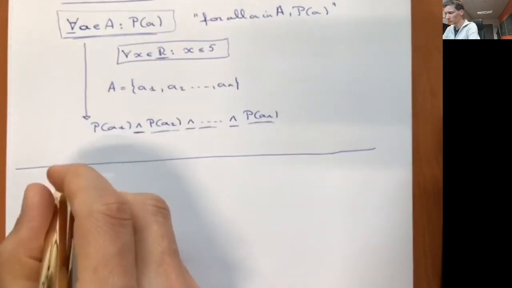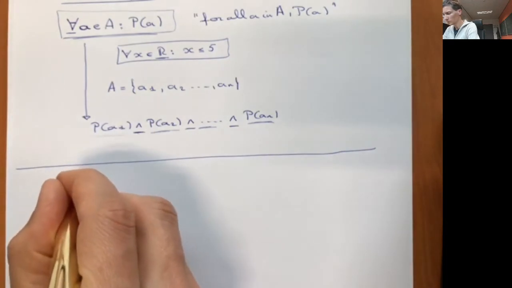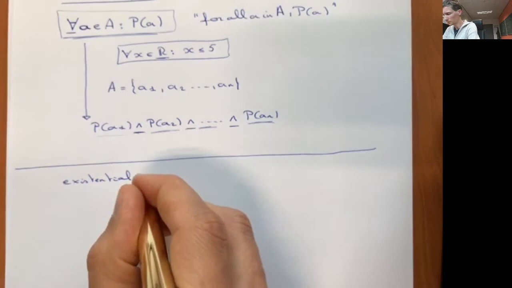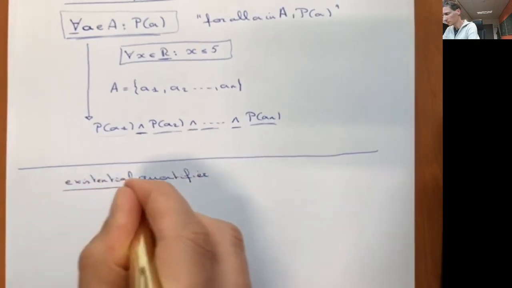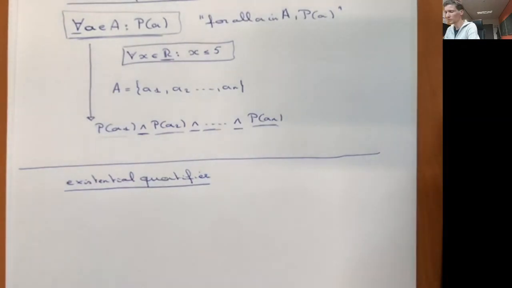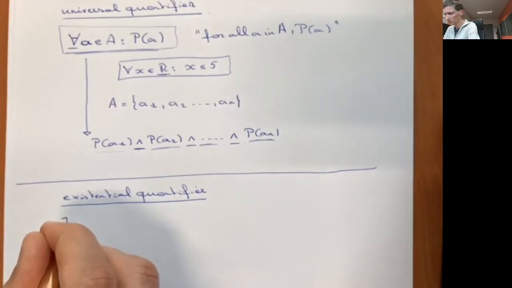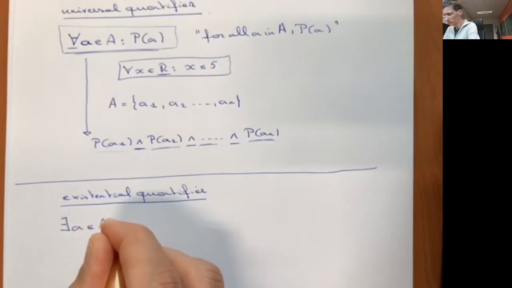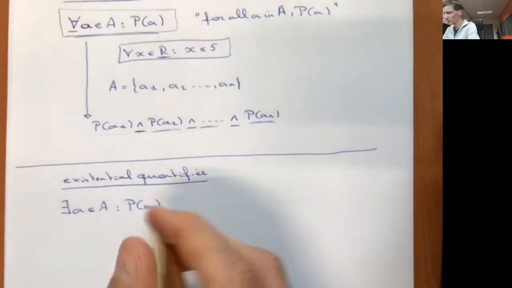There's a second one, and the second one is not the universal quantifier, but it's called the existential quantifier. And it's not an upside down E, because an upside down capital letter E is simply an E, but it's a reverse E. And then you have the same thing, a in A, and then the formula P that may depend on a.